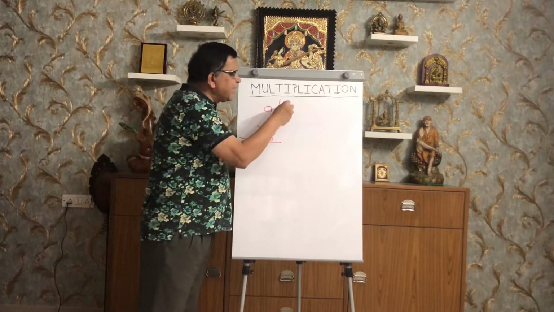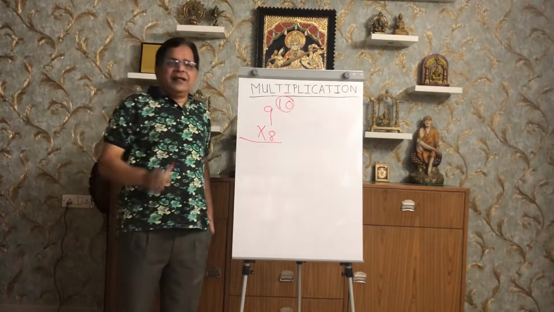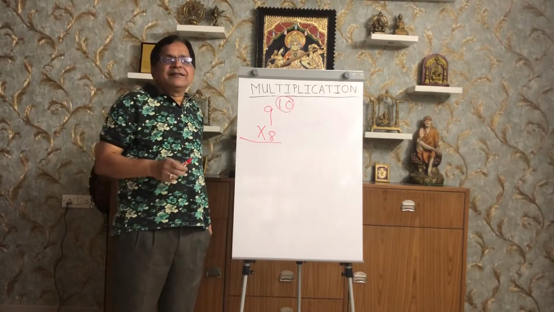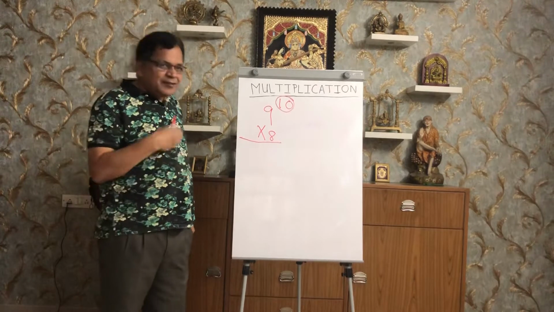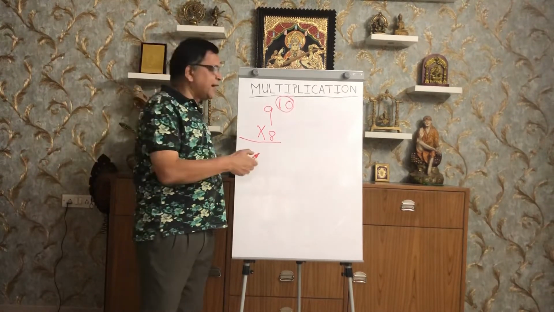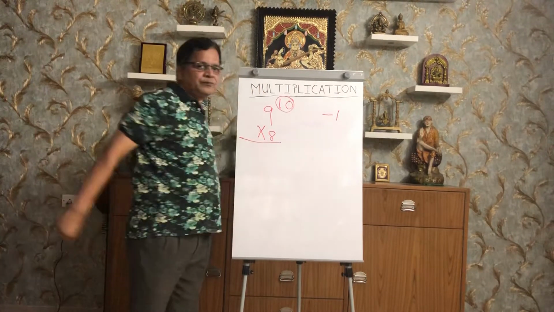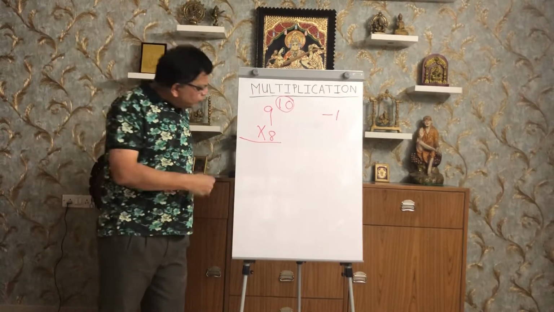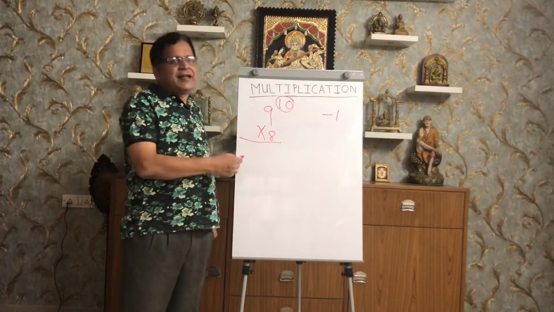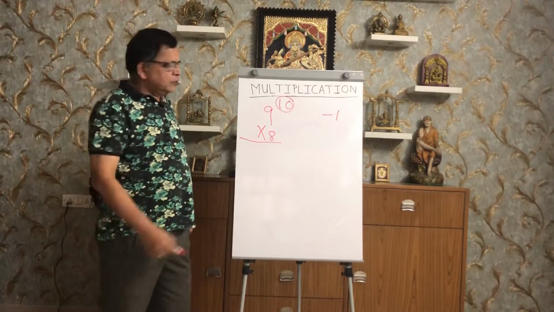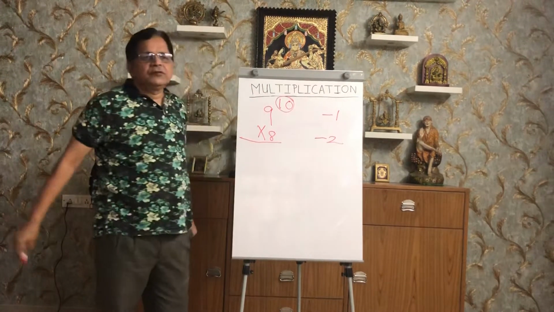Now keeping 10 as the base, I am going to subtract 10 from 9. If I subtract 10 from 9, I get negative 1. Vice versa, I subtract 10 from 8 also. So this way I get minus 2.